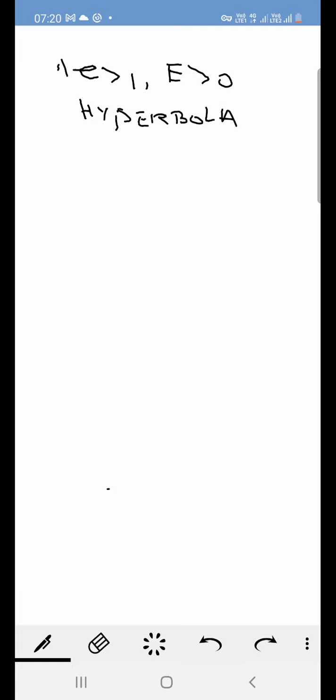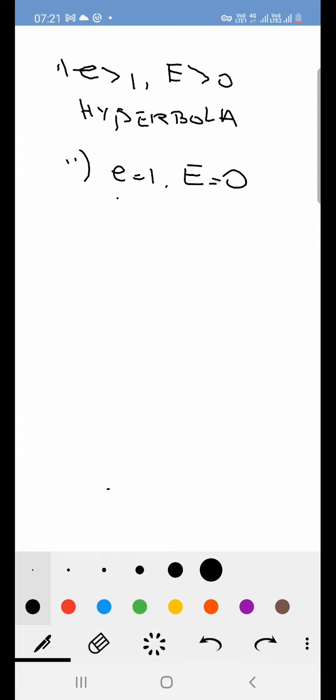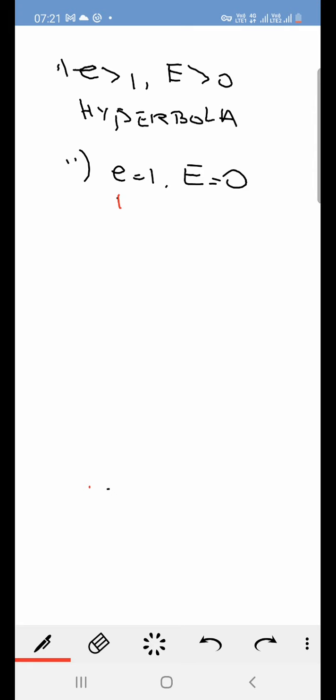The first case. The second case is when eccentricity is equal to 1 and the value of E is also equal to 0. So there is no energy involved in the orbital motion, and eccentricity is 1. So this will make the orbit a parabola.